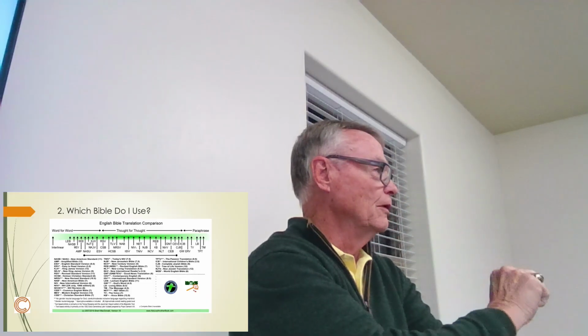This is a graph that shows, by the way, there are over 450 versions of the Bible, and that's only in English. I can't tell you how many there are worldwide, but there are at least 450 different versions. So what we have here is kind of a representation of them.